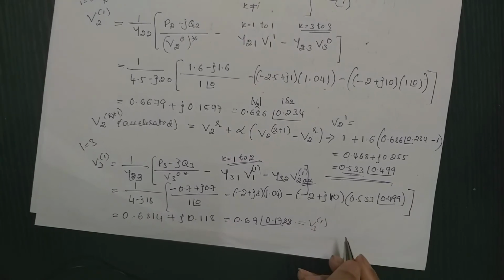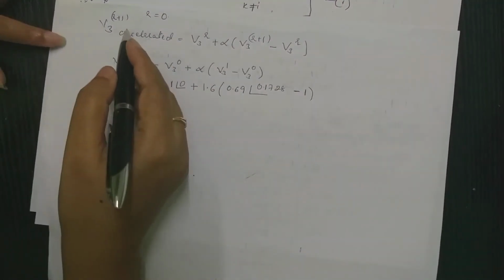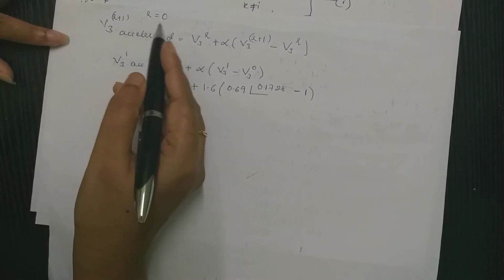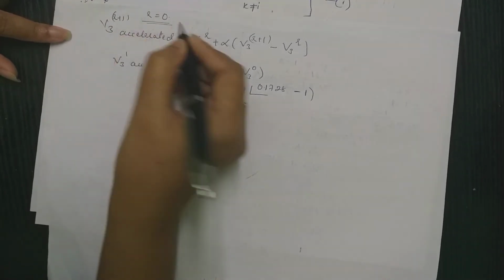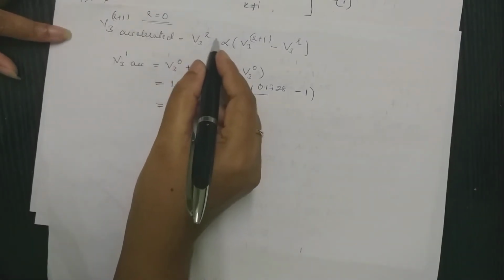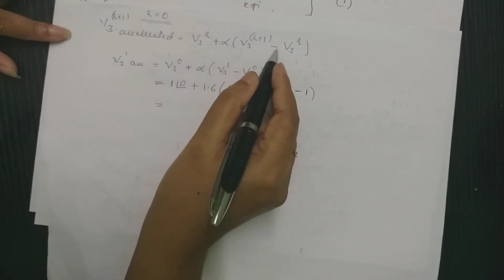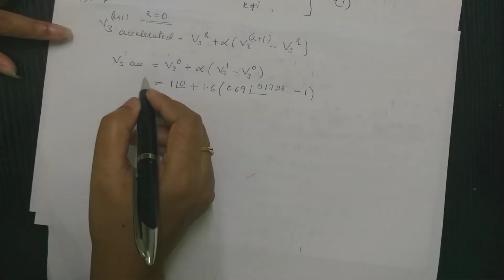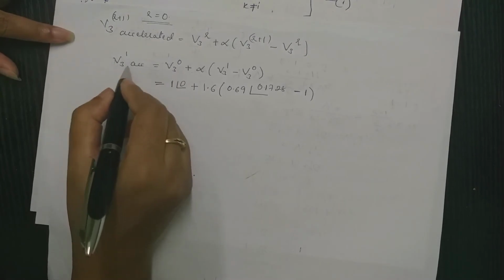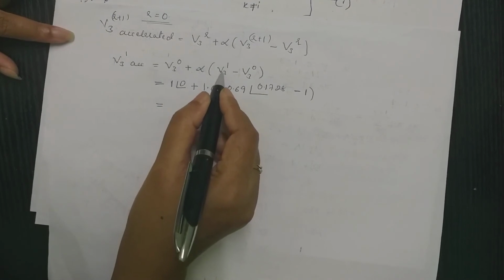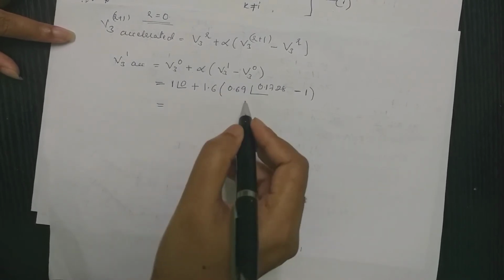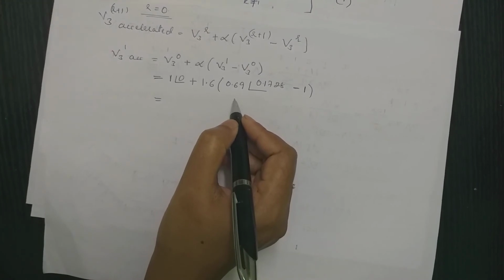After calculating this, we need to calculate the value of V3 accelerated. The formula is V3 r plus 1 accelerated is equal to V3 r plus alpha into V3 r plus 1 minus V3 r. We have taken r equal to 0, so V3 1 accelerated is equal to V3 0 plus alpha into V3 1 minus V3 0. Just substitute whatever you have.